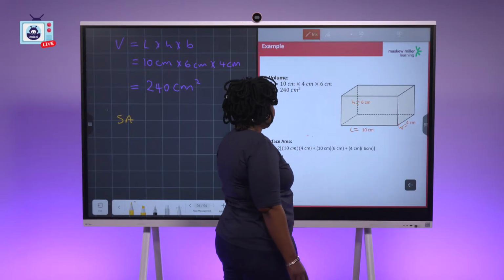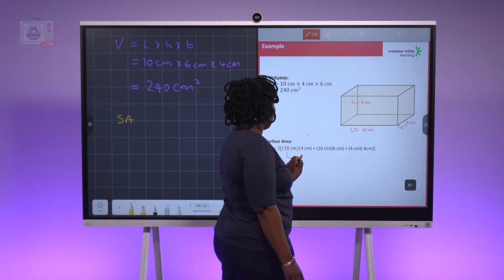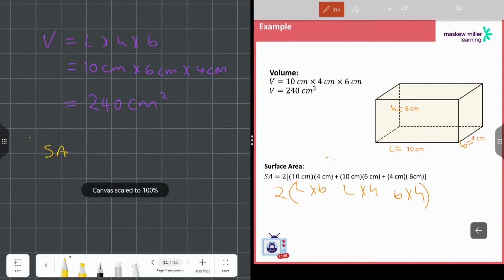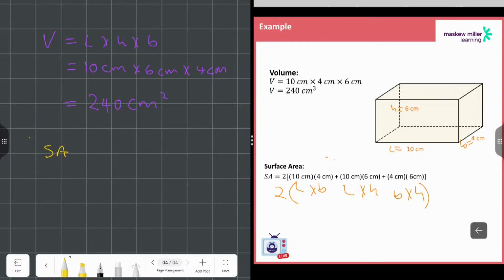Here you can see it's our length and our breadth, this one is going to be our length multiplied by our height, and this one is going to be our breadth multiplied by our height. But all of this is multiplied by 2. If you multiply that together, you can see how we got to the answer which is given to us.